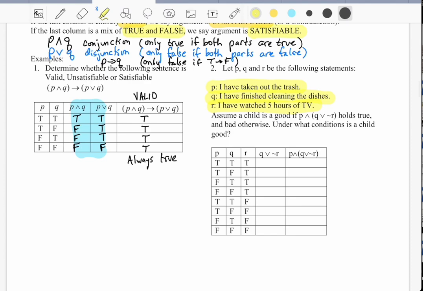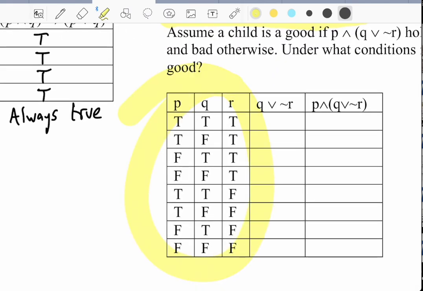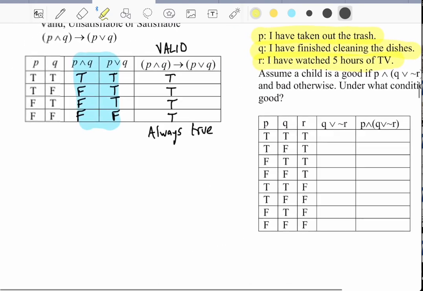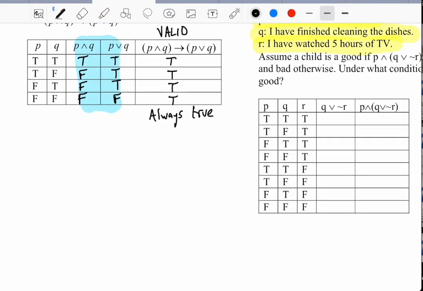You may be wondering why there are so many more possible outcomes in the truth table. We have a third variable that adds a third component. P can either be true or false. Q could either be true or false, but it depends on what P was. So for P and Q, we could be looking at upwards of 4 possible outcomes.